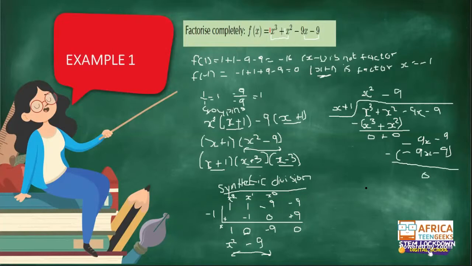Okay, so then you have your x plus 1 times x squared minus 9. So it's still the same as this one.